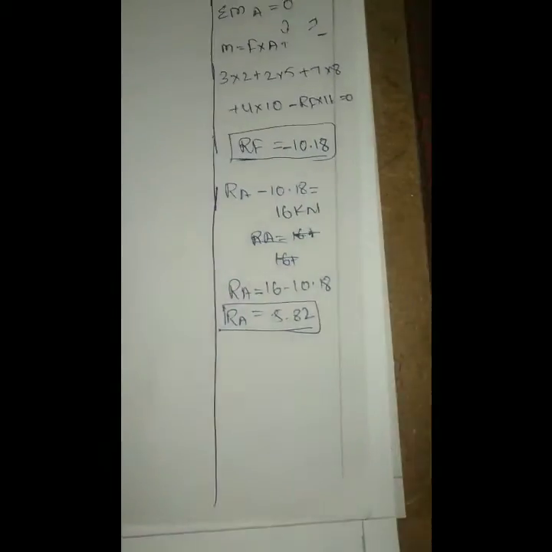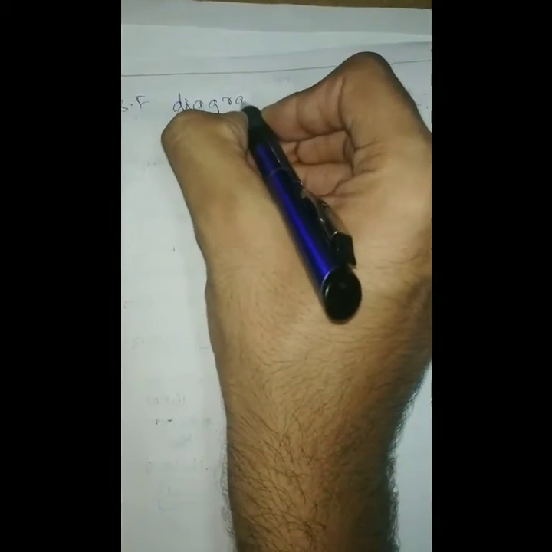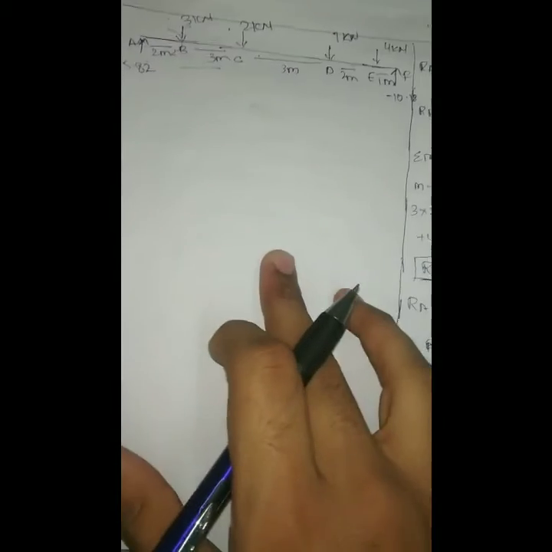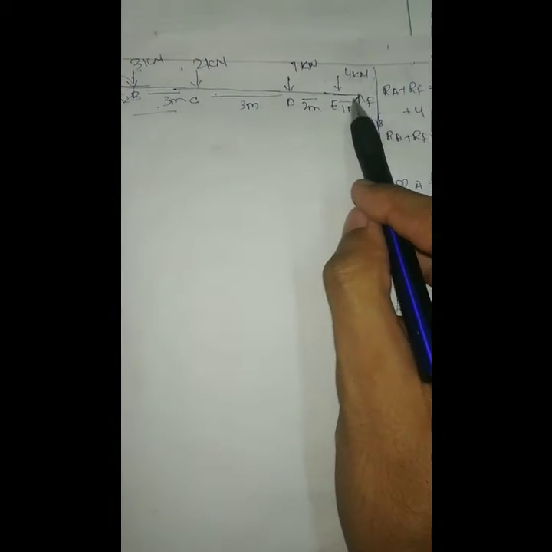So now we have to find the shear force and bending moment, which is the main part here. Shear force diagram. We always have to start from this side if we have to find the shear force.